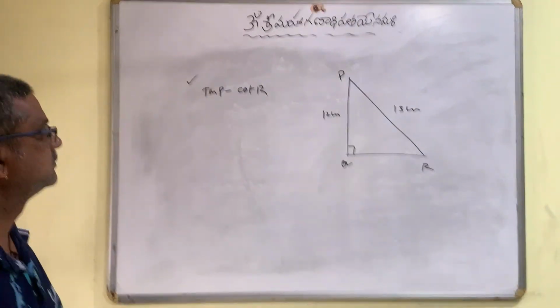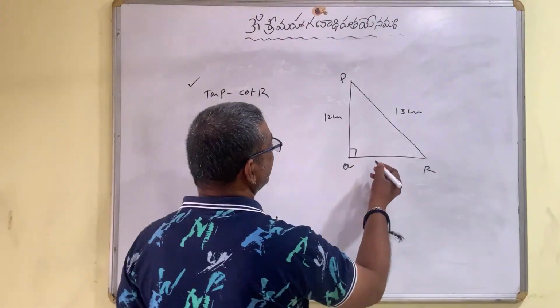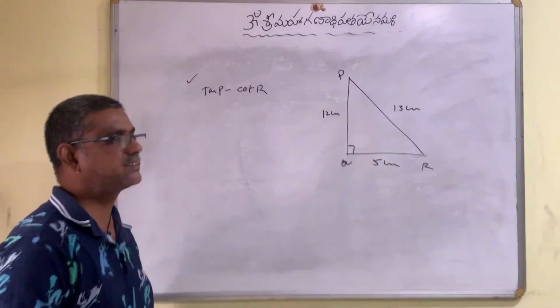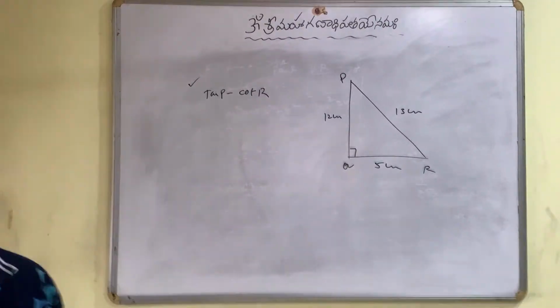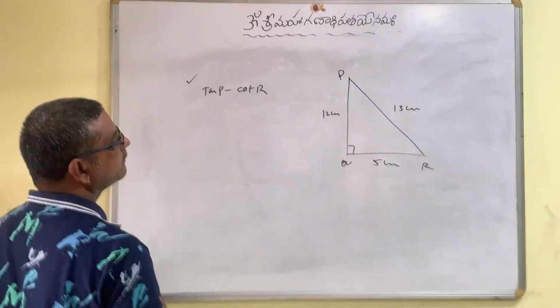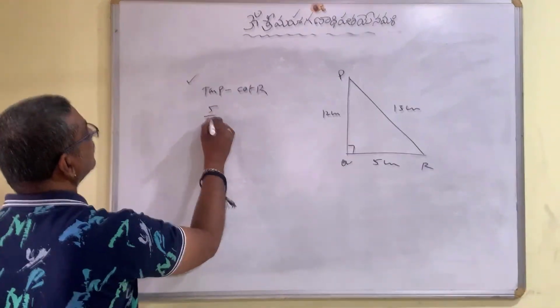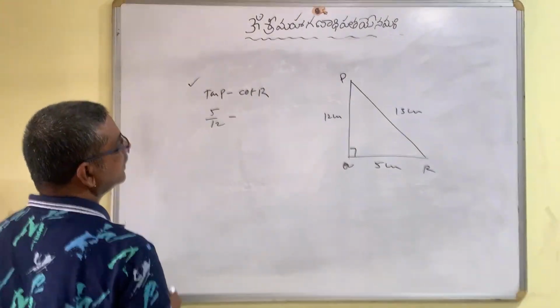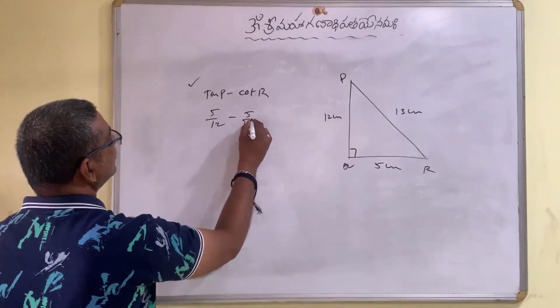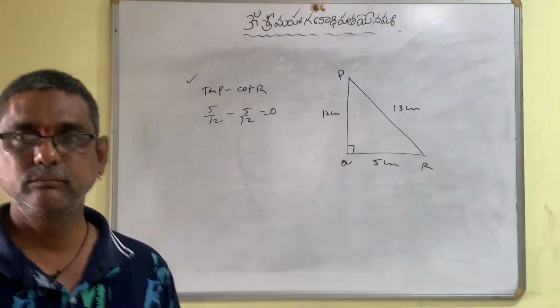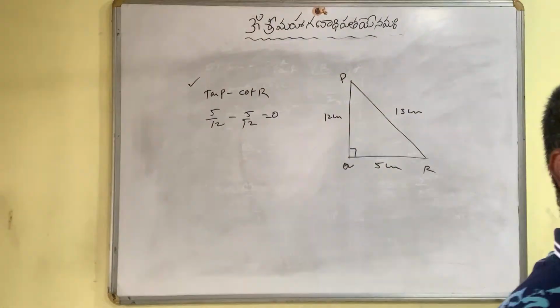By applying the Pythagoras theorem, we get this one is 5 centimeters. Is that right? QR is 5 centimeters. Now tan P is 5 by 12.